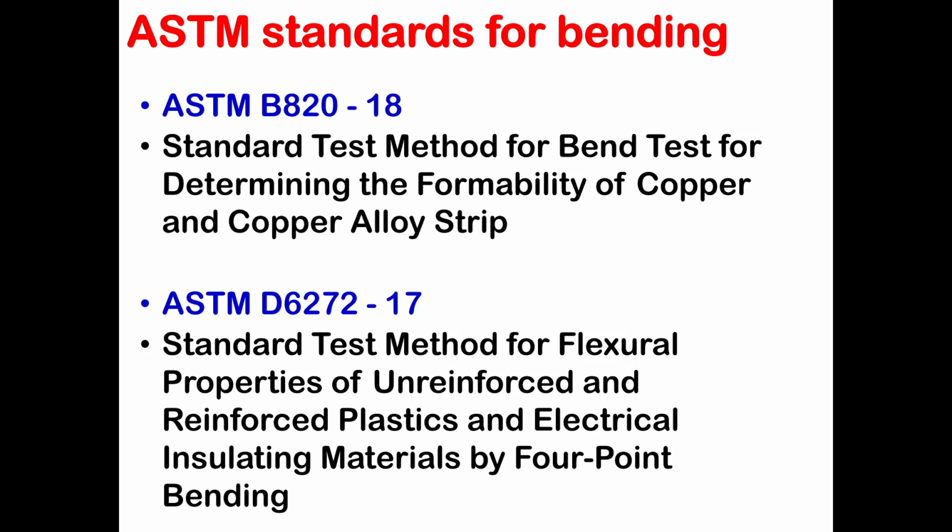So ASTM stands for American Society of Testing and Materials, right? It is an international standards organization that develops and publishes voluntary consensus technical standards for a wide range of materials, products, and systems.